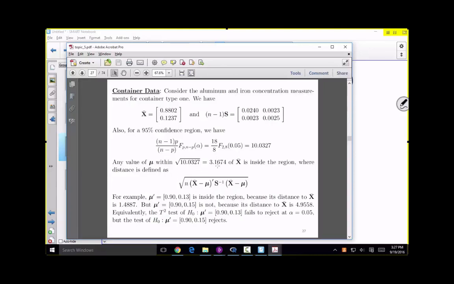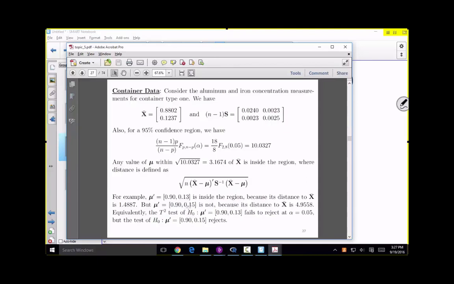That is less than 3.1674. So that choice of mu is closer to our observed data than the threshold, which means that that choice of mu is a plausible choice at 95% confidence.